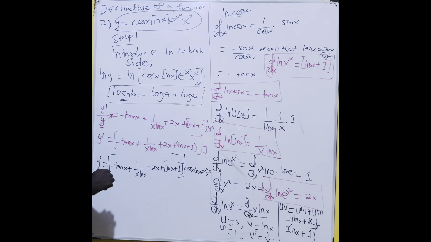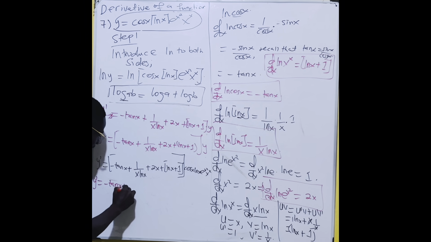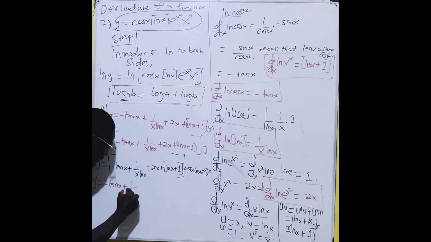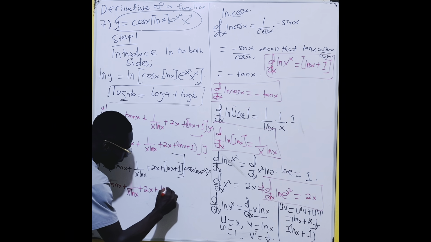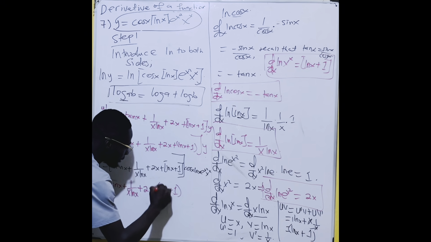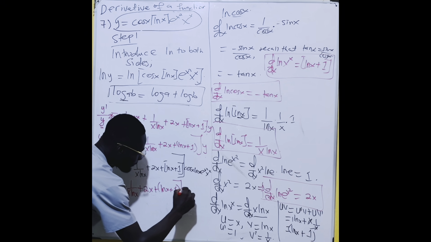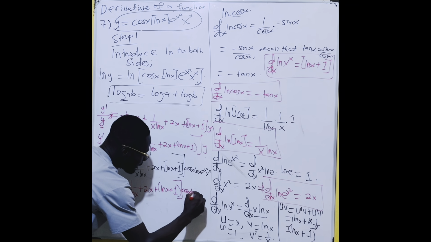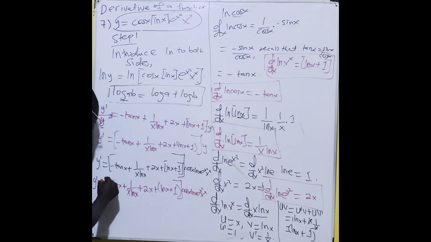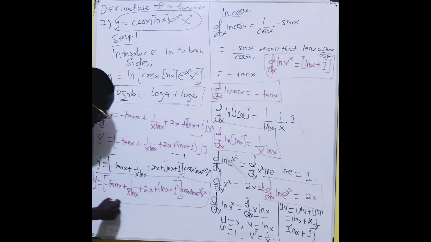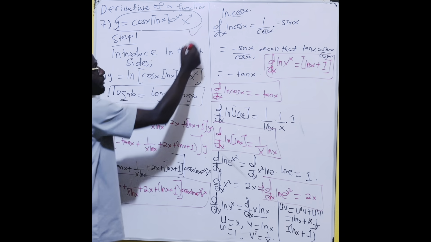So let me write that gently here. So we have y prime equals negative tan x plus 1 over x ln x plus 2x plus ln x plus 1, all times cos x ln x e to the x squared x to the x. Okay, so this becomes the derivative to this particular problem.